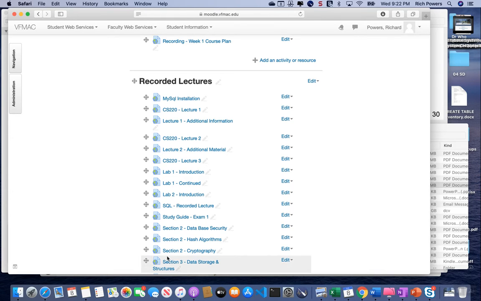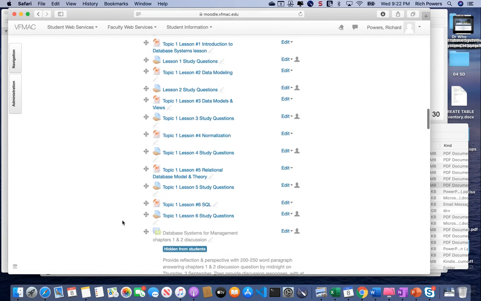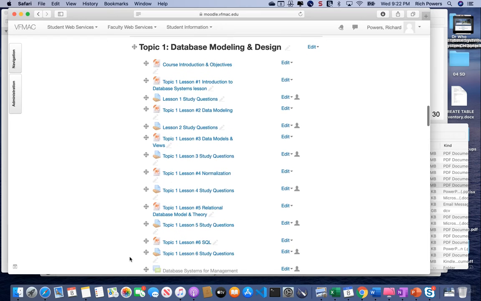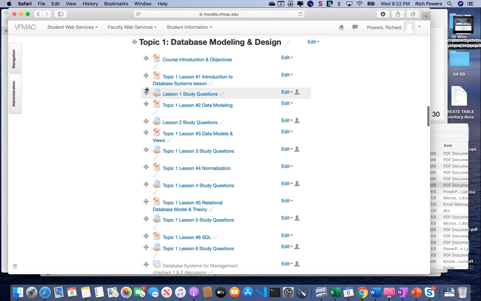So where we're at right now is we're still in topic one, dealing with database systems, data modeling, data models, normalization, more about relational database theory and SQL.